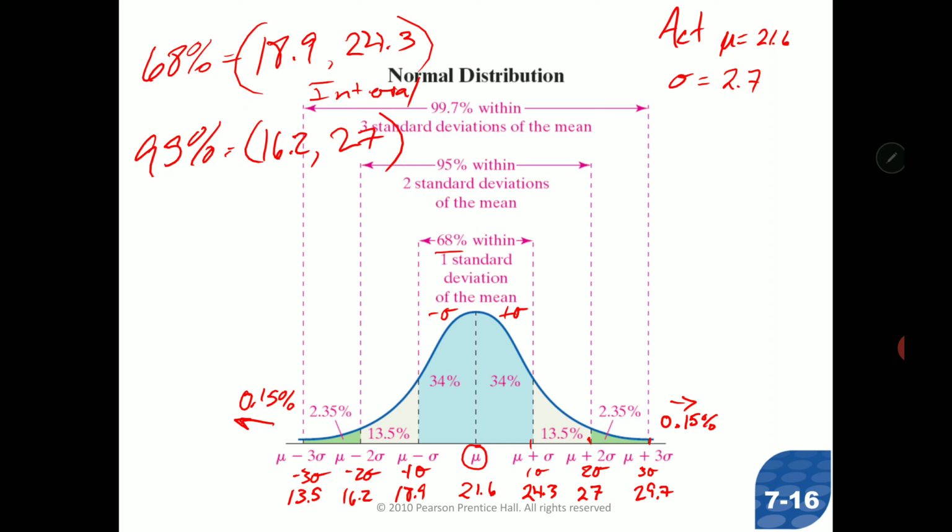Somewhere in this interval holds 95% of all the test scores. And 99.7% scored between a 13.5, which I don't even know is possible, and a 29.7. So that is an example of how the empirical rule works.